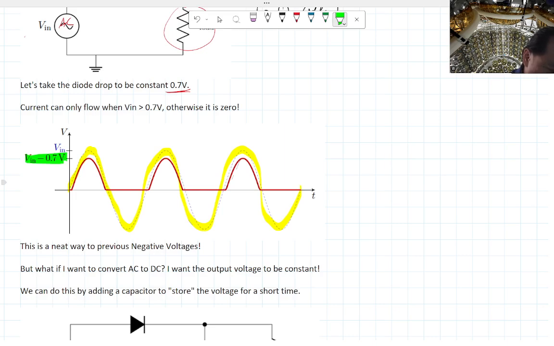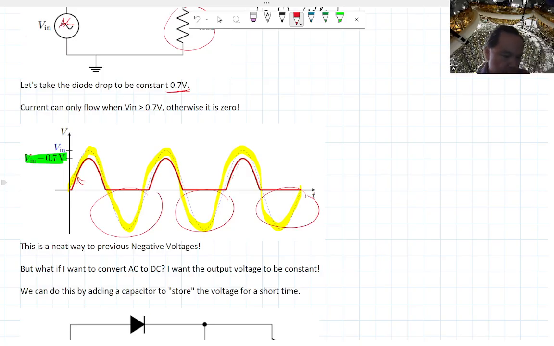So you get the red line here when you get above 0.7 volts, but then you get 0 otherwise. The entire negative swing of Vin just gets ignored. In fact, anything below 0.7 volts gets ignored.